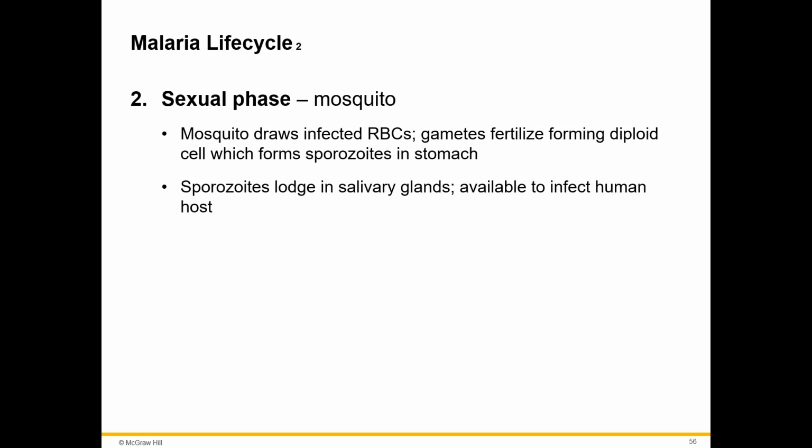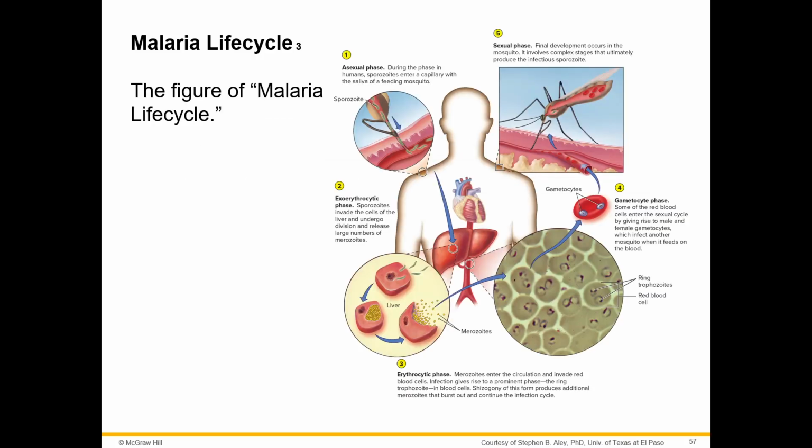And then we get those sporozoites in the mosquito's stomach, okay? And then those will basically set themselves into the salivary glands of the mosquito, so that when the mosquito goes into its next human blood meal, that's when they can be transferred.